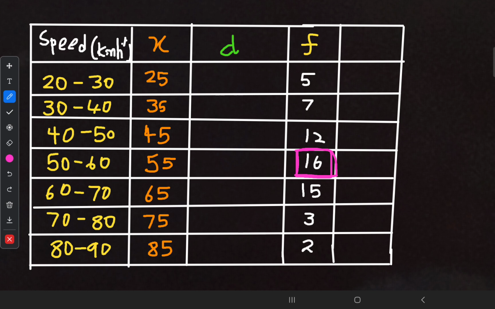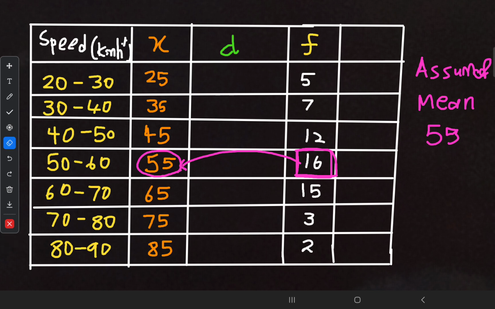So this modal class mid value should be our assumed mean. We found our assumed mean as 55.